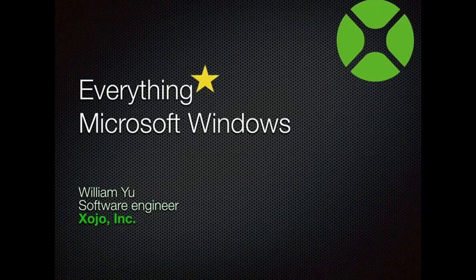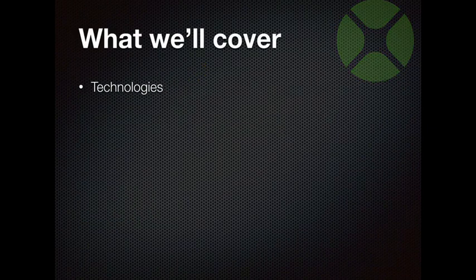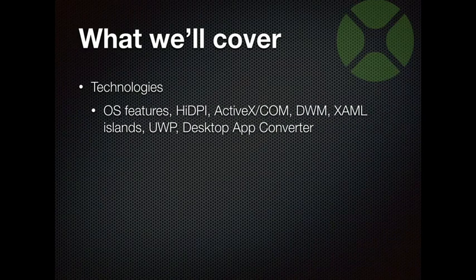We don't have time to cover everything Microsoft Windows, but what we will cover is some of their technologies. We'll talk about the OS features, some of the other OS features like HDMI, high DPI, ActiveX, COM, DWM.